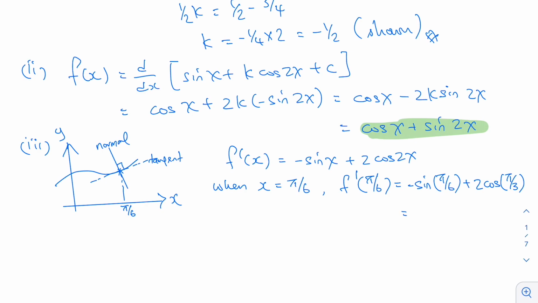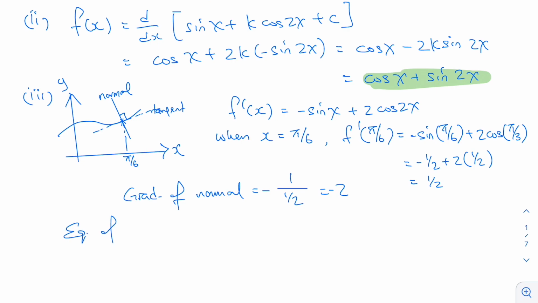So that gives a value of negative sine 30, which is negative half, plus 2 cosine 60, which is 2 times half, 1, so that is half. So the gradient of the normal would be negative 1 over the gradient of the tangent, which is half, and that works out to be negative 2.